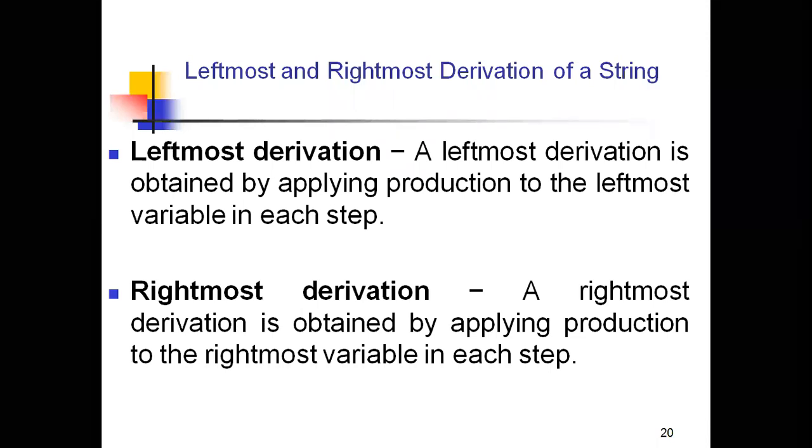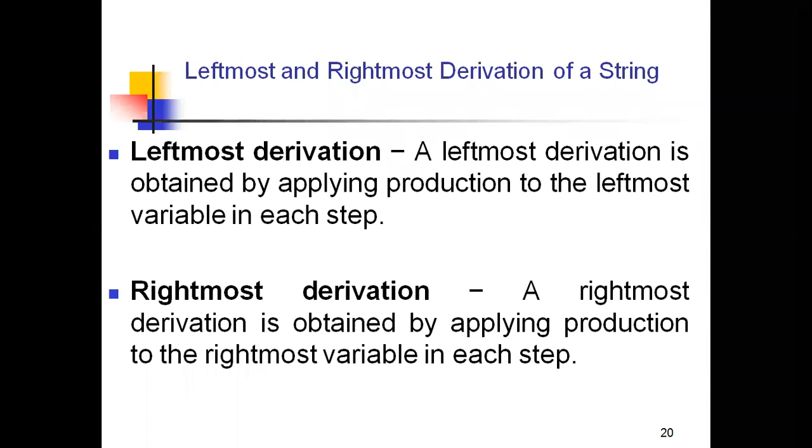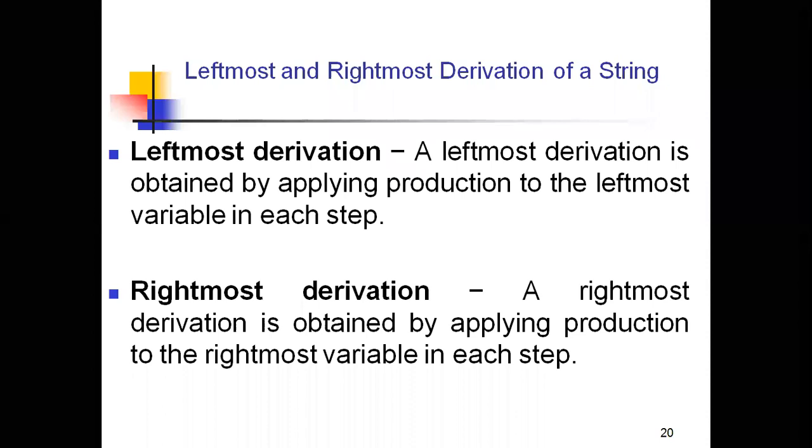Here we are having two types of derivation trees: one is a leftmost derivation and the other is a rightmost derivation, right? Knowing the definitions of leftmost and rightmost, what you are doing is, from the given grammar, choosing an appropriate rule to derive the input string. If you want a leftmost derivation, starting with the leftmost variable you substitute the appropriate rules in it, and finally you generate the input string, right?